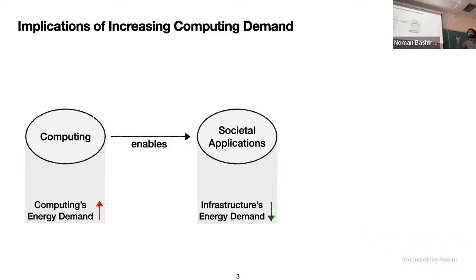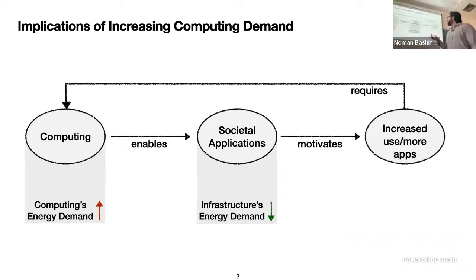Similarly, I will give more examples later on, where you would see that the use of computing in other applications that we were doing in a more naive way is trying to reduce the energy demand of those facets of life.